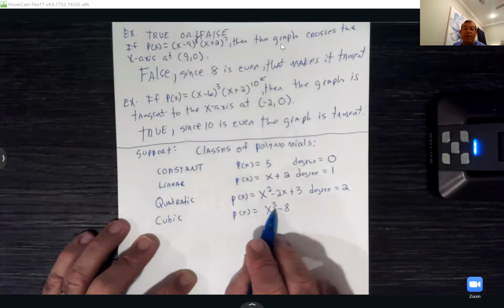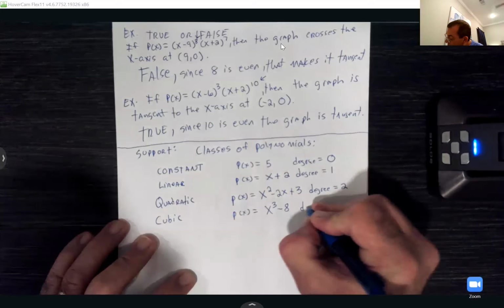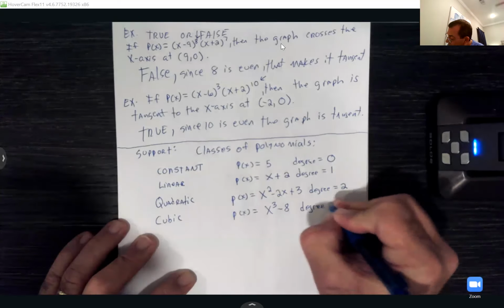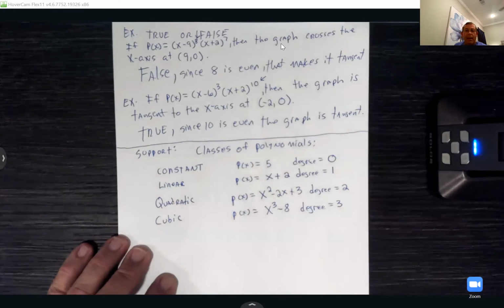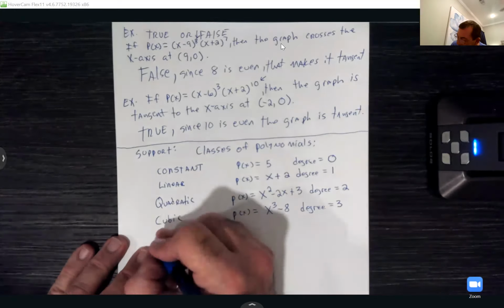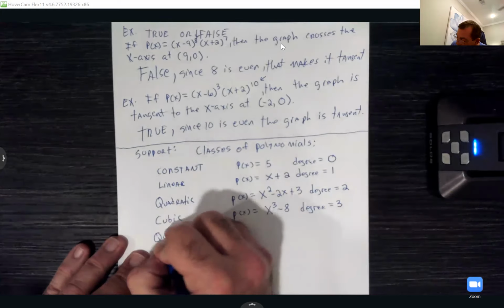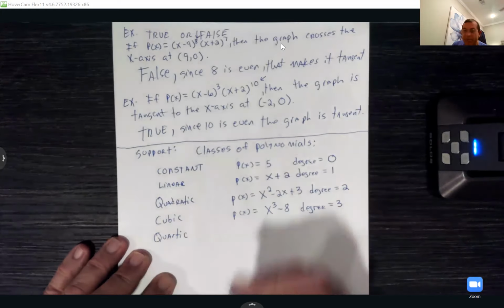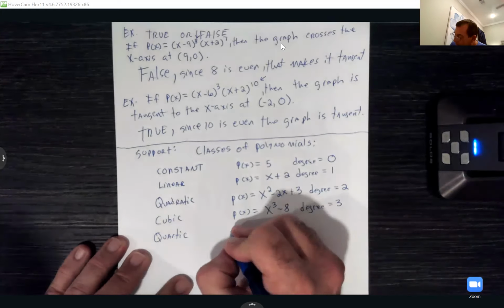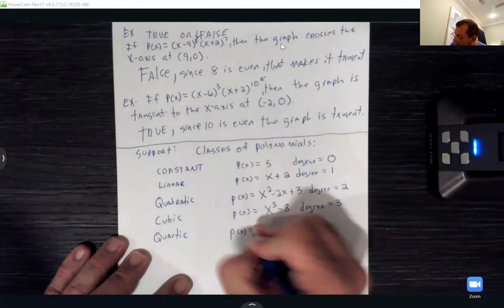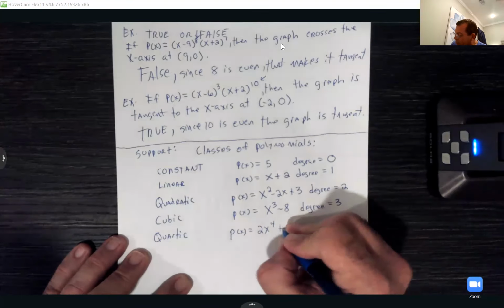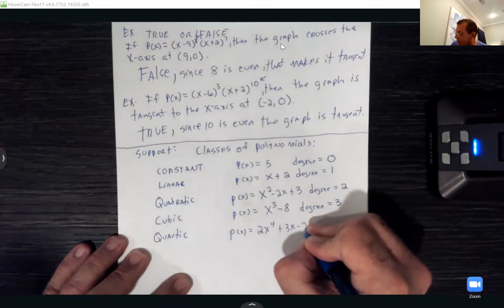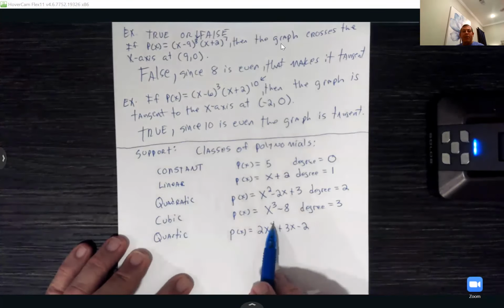But notice a cubic has a degree of 3. And then, y'all, the last one they'll ask you on these questions is what we call quartic, sort of like a quarter. So that could be a P of X equals 2x to the 4th plus 3x minus 2. But notice it has a degree of 4.